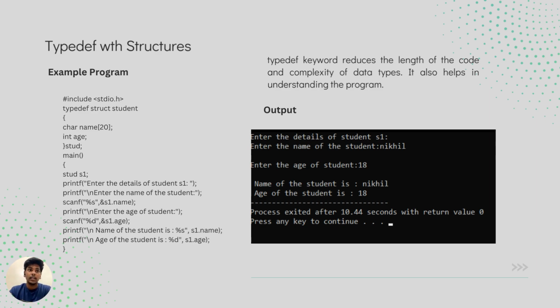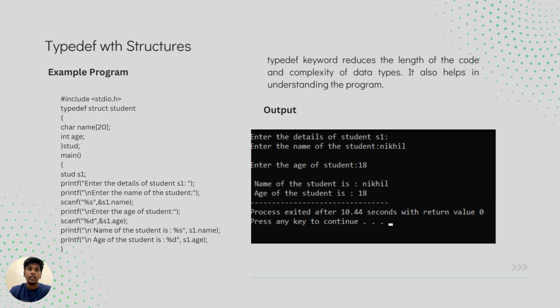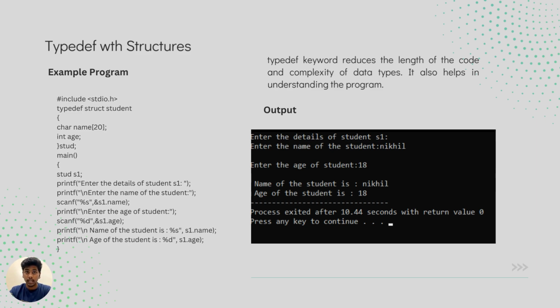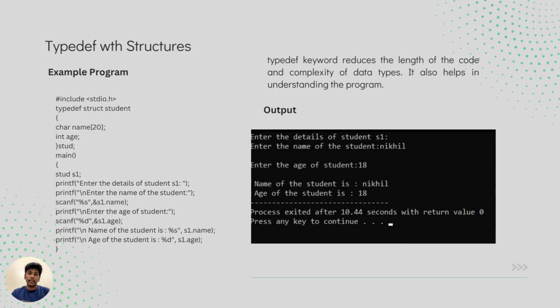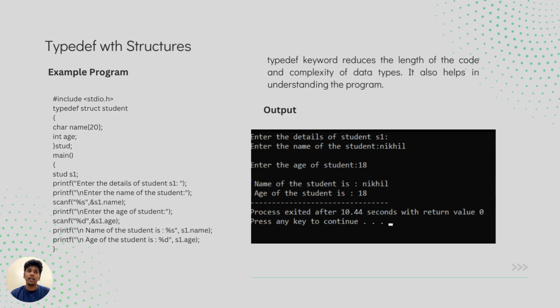Then we are going to ask for the details of student one, enter the name of the student, and we are going to use scanf to get the input. Then you can see the output. Enter the details of the student. Enter the name of the student: I have given NIKHIL. Enter the age of the student: 18. Then it prints name of the student is NIKHIL and age of student is 18.